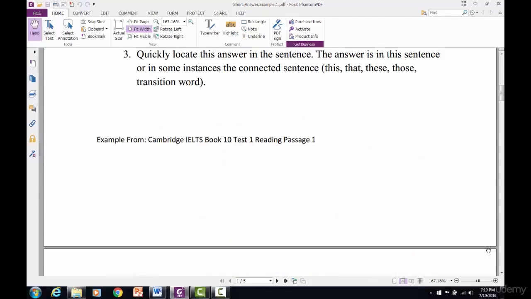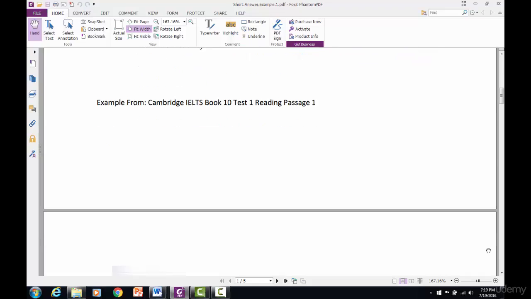All right, so this comes from the Cambridge IELTS Book 10, Test 1, Reading Passage 1. Again, Cambridge IELTS Book 10. I'm a big proponent of you getting these books. These are the best books to practice from. I don't work for Cambridge, so I'm not getting any profit from that.